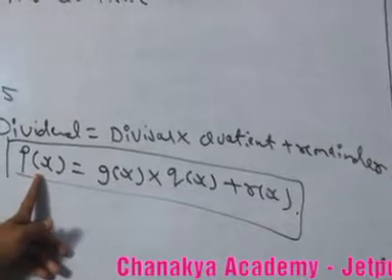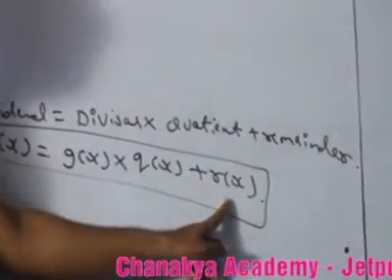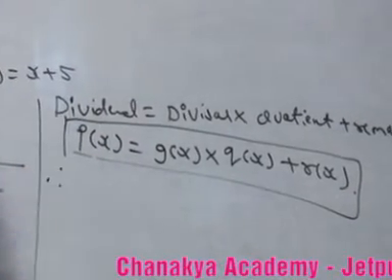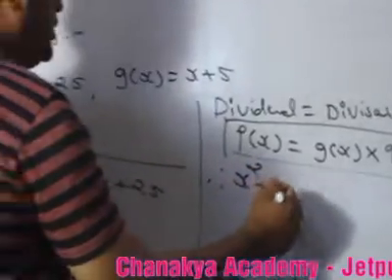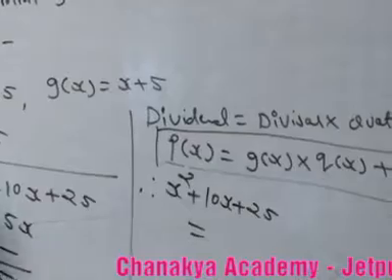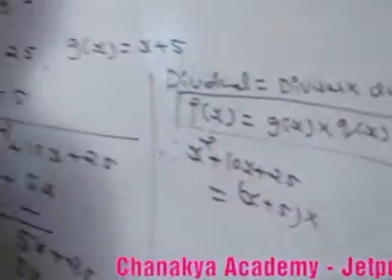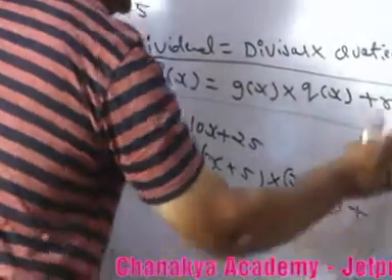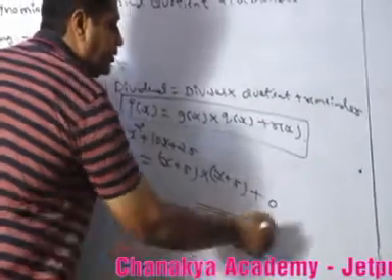P of x is dividend polynomial, g of x is divisor polynomial, q of x is quotient polynomial, r of x is remainder polynomial. Here P of x is x square plus 10x plus 25, equal to g of x, the divisor polynomial, into q of x, which is x plus 5, plus r of x, that is remainder, which is equal to 0. Finally our sum is done.